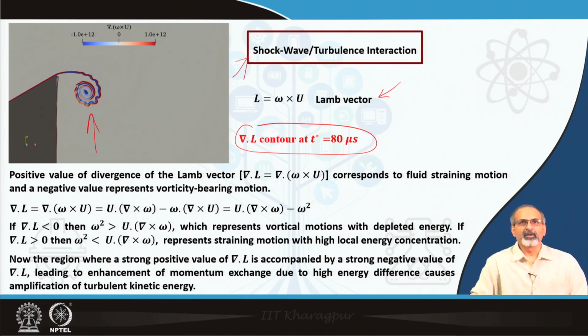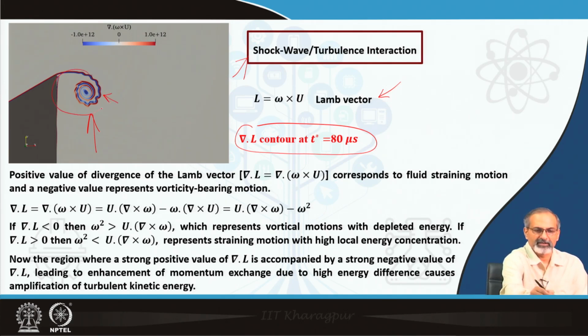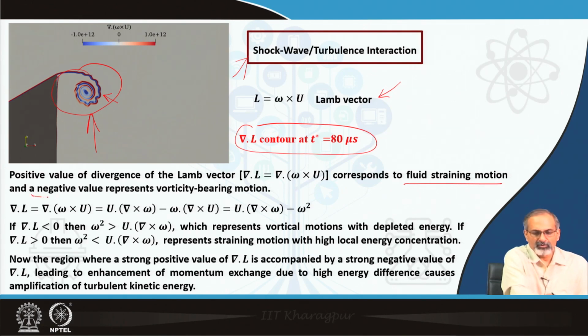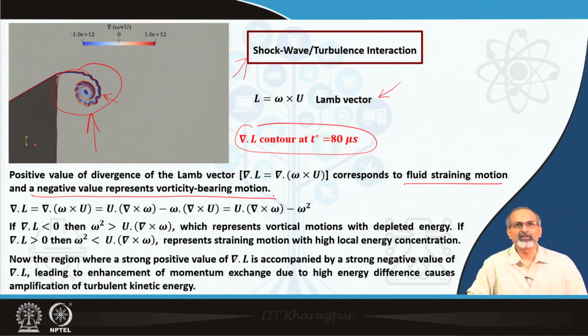You see positive and negative values of the Lamb vector divergence juxtaposed next to each other if you look very carefully into this region. Blue and red bands, that is what it indicates. Positive value of divergence of the Lamb vector corresponds to fluid straining motion, and negative value represents vorticity bearing motion.